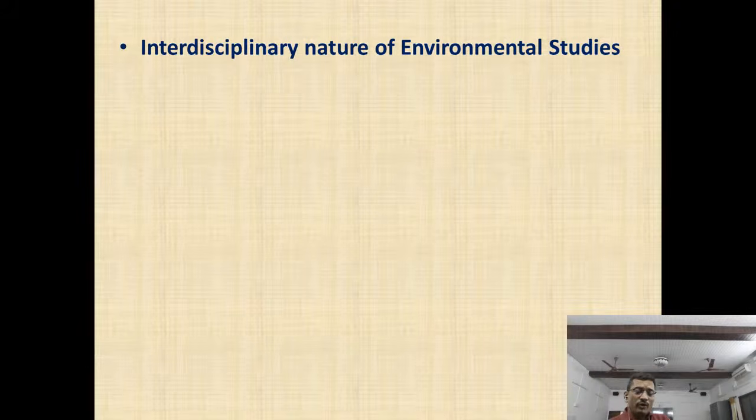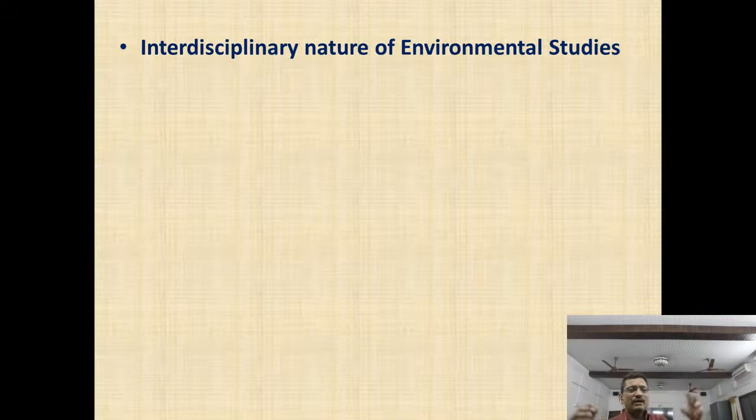So when we talk about environment, we need to talk about different dimensions of the environment: political dimension, economic dimension, technological dimensions, physiographical dimensions, mathematical, statistical dimensions. So there are various dimensions of environmental studies. In fact, it's a very vast subject which is interlinked with various disciplines, social sciences as well as natural sciences, as well as some pure sciences, like physics, chemistry, and biology.